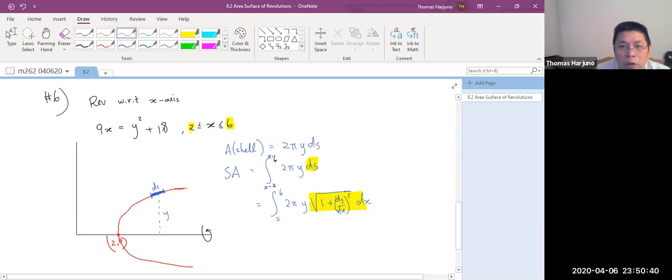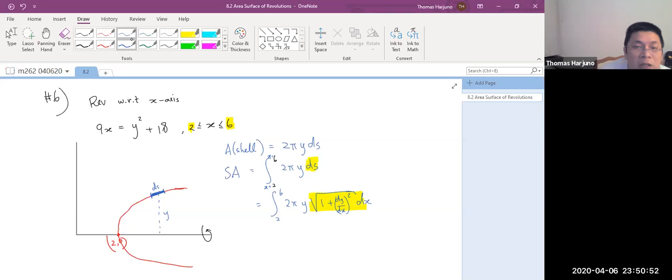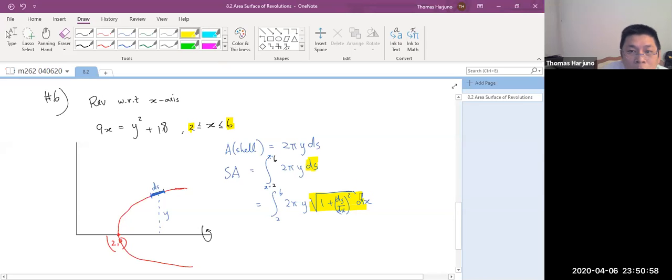Now let me slow down here. Is it okay? The reason I make it dx is because I want to integrate from 2 to 6, which is x equals 2, x equals 6. That's why the variable of my integration is supposed to be dx.